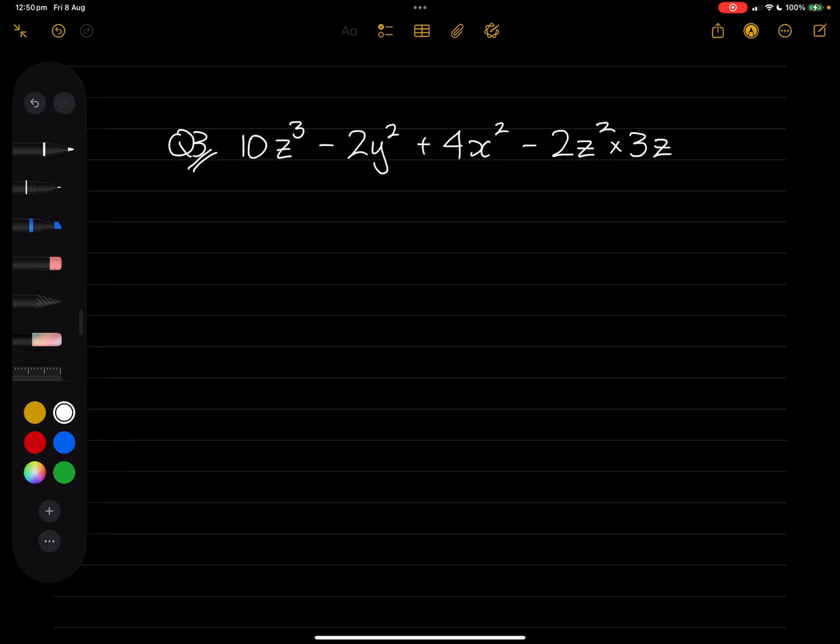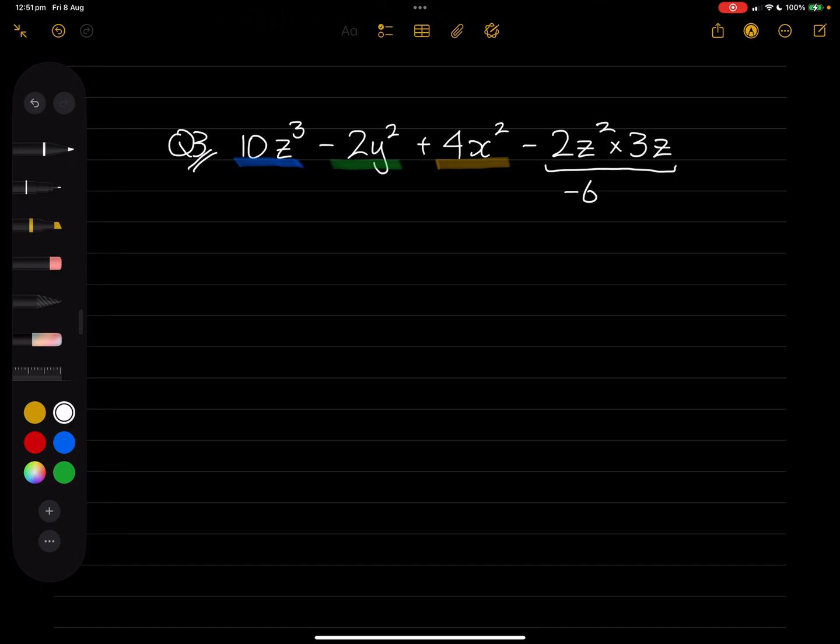Now for question 3, it's a little messier. We have a 10z cubed, we have a minus 2y squared, and we have a plus 4x squared. All of these are different, so they can't be combined. But we have this term at the end, minus 2z squared times 3z. Now, from your studies in maths so far, you can simplify this. Minus 2 times 3 is minus 6.